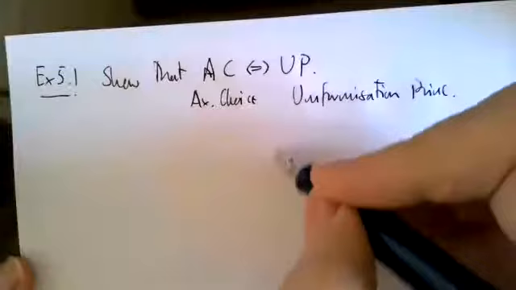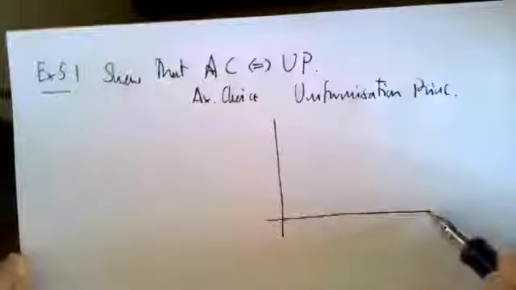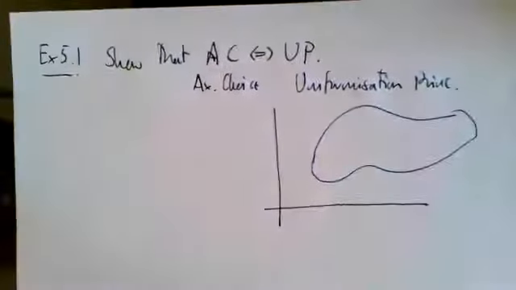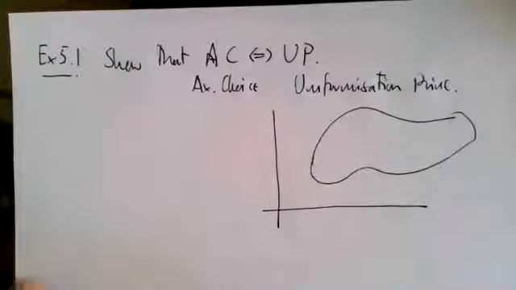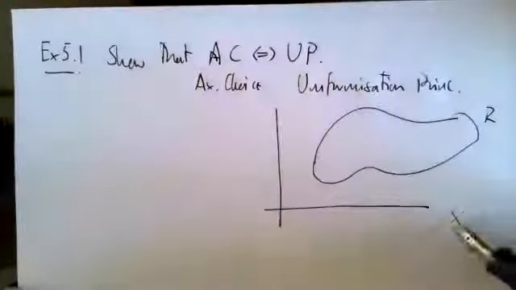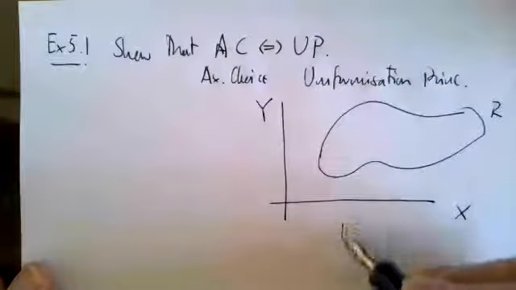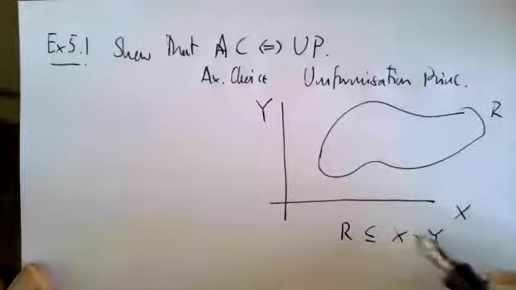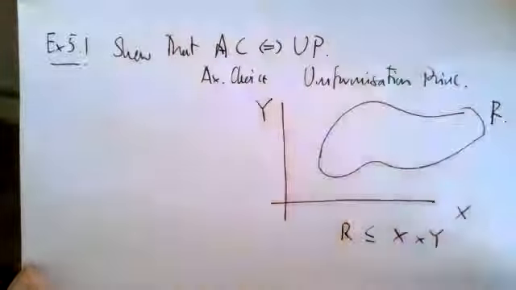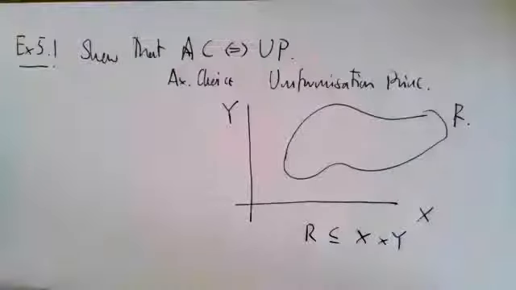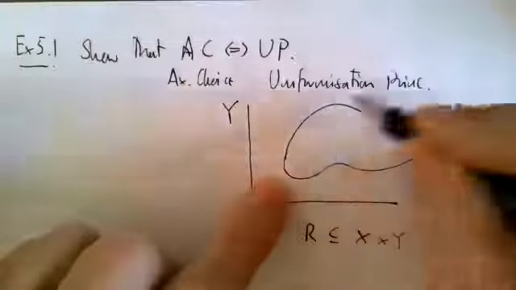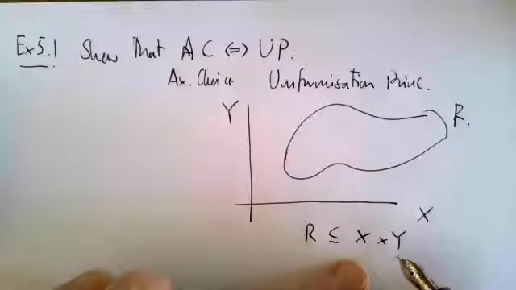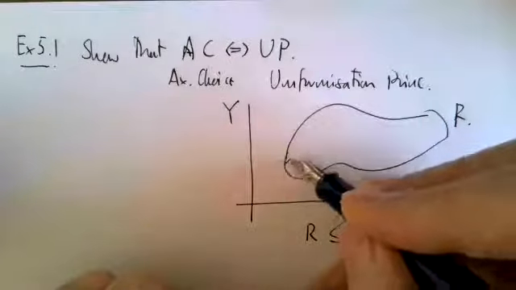So UP here is: I've got some relation R. So here's some relation R. It's contained in X cross Y. So the uniformization principle says for any situation like this, no matter what X and Y are, there's a function that uniformizes it.